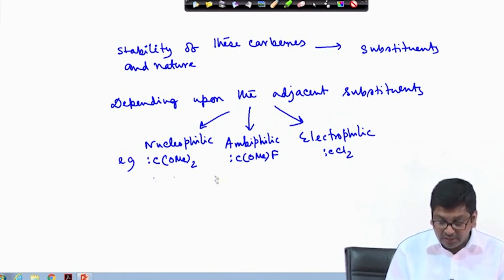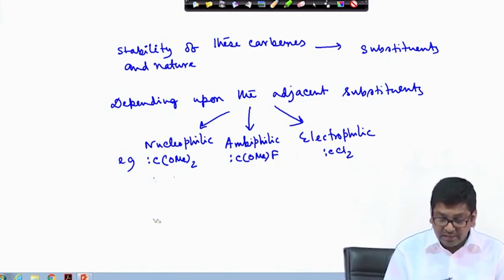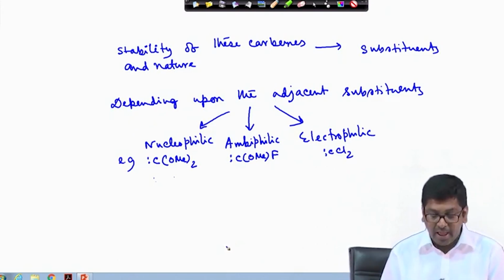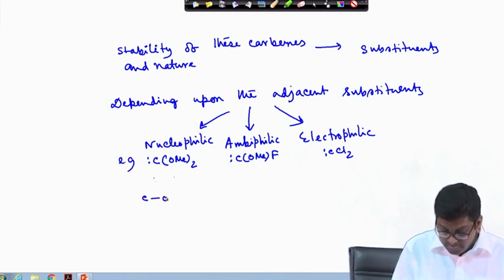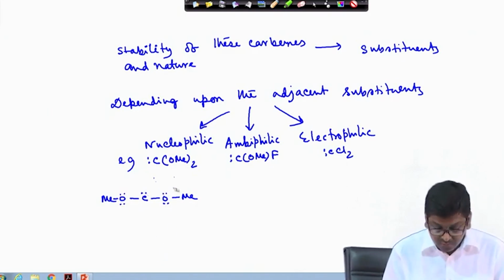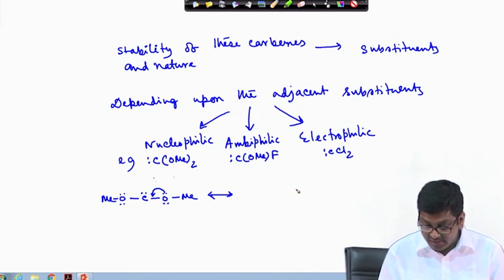Now, this type of electrophilic carbenes we have discussed. Now, nucleophilic carbenes like these dimethoxy carbenes are devoid of electrophilicity towards alkenes. Why? Because of the electron donation by the methoxy group. How? So, if we see, okay. Now, that can give. So, in general it can be like this.